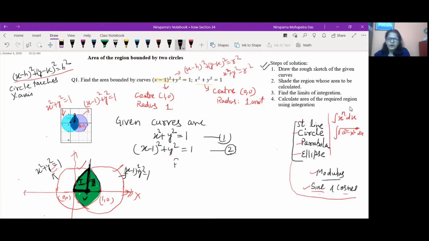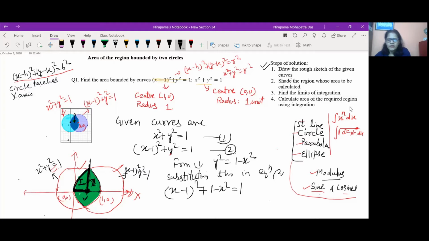From 1, we have y square equal to 1 minus x square. Now substituting this in equation 2, we have (x minus 1) whole square plus 1 minus x square equal to 1. Now solve it, and you will get x equal to 1 by 2.